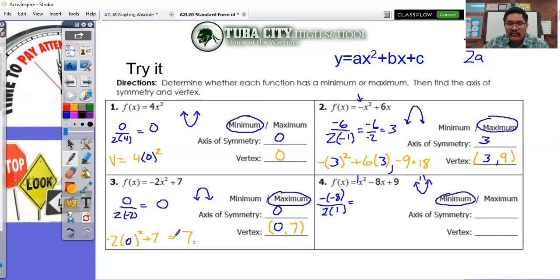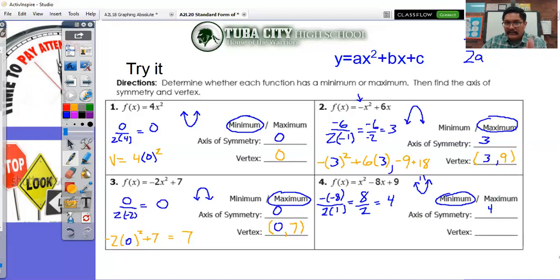Because again, there is a hidden 1 right here. Opposite of -8 is going to be +8, or again, they will cancel each other out. So we get 8/2. If you get a fraction, divide it or reduce it, which in this case we can divide it. So in this case, our axis of symmetry is at 4.